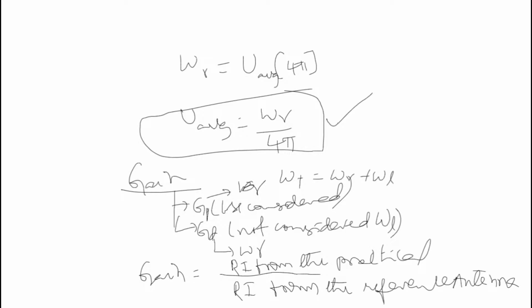So therefore, gain is equal to the radiation intensity, that is U, to avoid confusion, from the test antenna to the radiation intensity from the isotropic antenna.